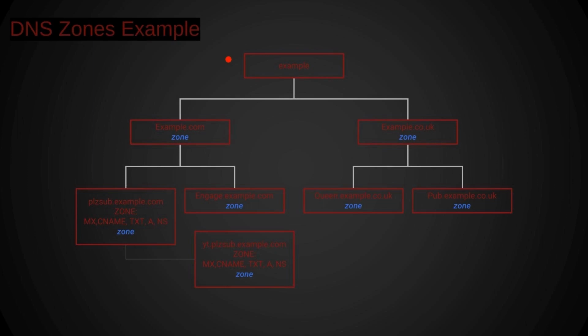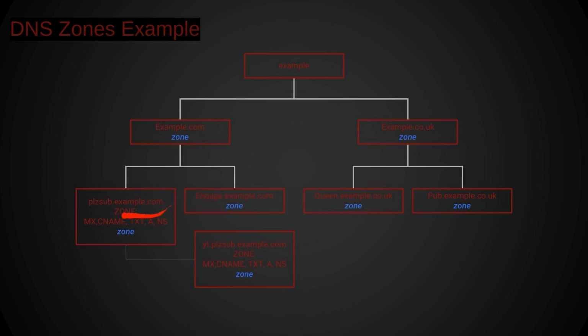Here's a little example I put together to showcase the DNS zone levels. I'm just going to go down this left side here, but we do see that we have two separate zones with two different TLDs. So we have this zone of example.com. It has two children zones, pleasesub.example.com and engage.example.com.